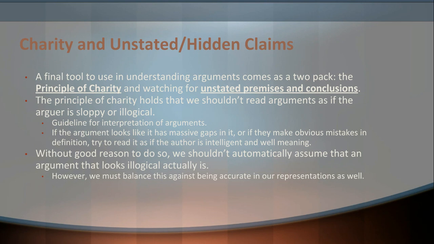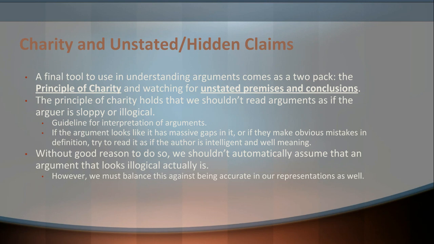And in practice, this will end up looking something like the guideline that so long as you don't have reason to do so, you shouldn't automatically assume that an argument that looks illogical or has some gaps in its reasoning actually does have gaps in its reasoning.